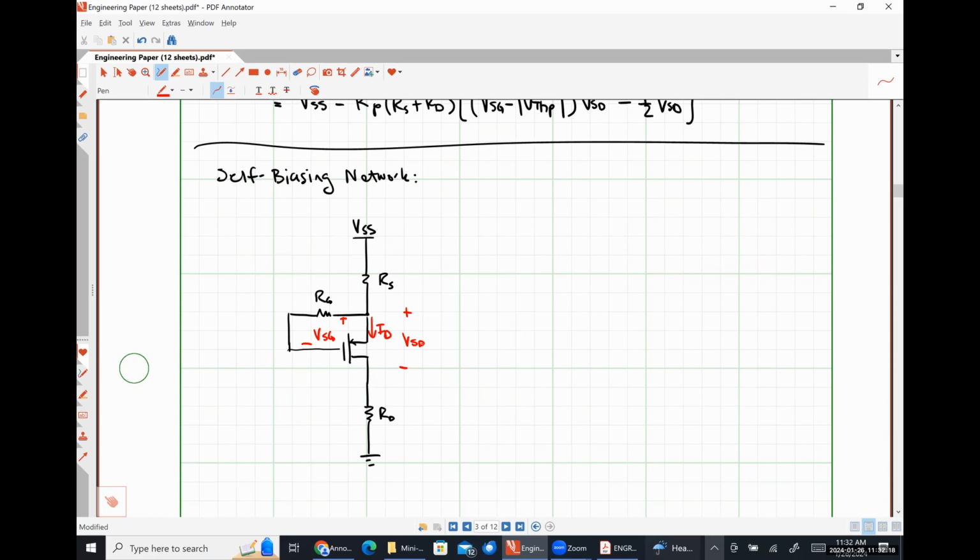Because for this particular configuration, VSG and VSD are supposed to be literally the exact same thing. So that would require our gate to be at the same potential as our drain, which means I think this resistor is actually supposed to be connected down here at our drain terminal because it's at the lower potential. So I drew it like it was the NMOS instead of the PMOS. So let me fix that really quickly. Glad I was paying enough attention to notice that.